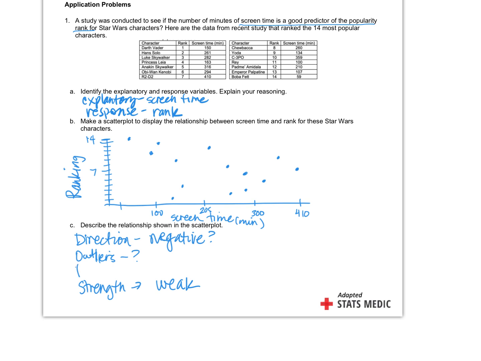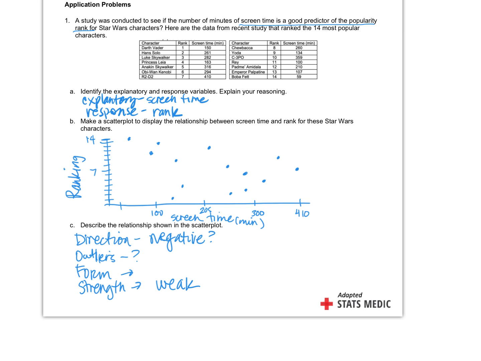What about form? Does it have curvature? That's really the thing you're looking for in form. Do you see a curve in it? I see a line. It's more of a straight line than it is curving. If you generalize it, it's moving down in a straight line, so it is negative.